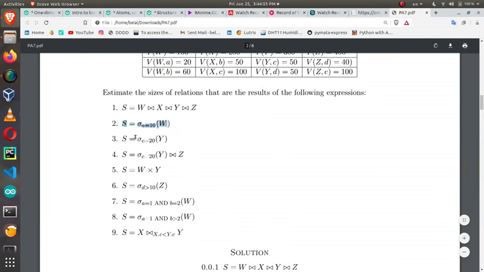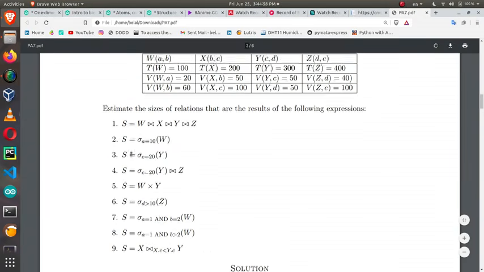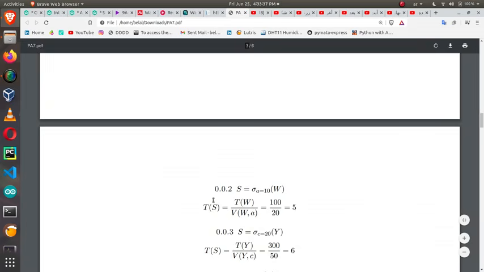The second one and third one are pretty much the same. Number 2 and 3 are the same, and they are very straightforward. Select A equal 10 for relation W. So T of W over V of W, A. T of W equals 100 over V of W, A. 100 over 20 gets us 5 tuples.